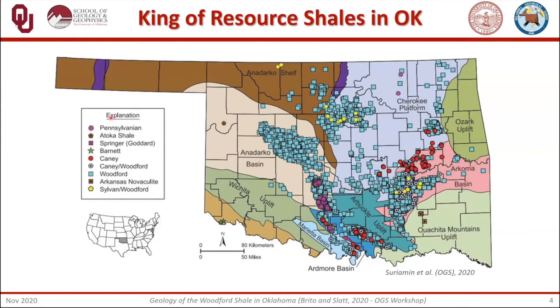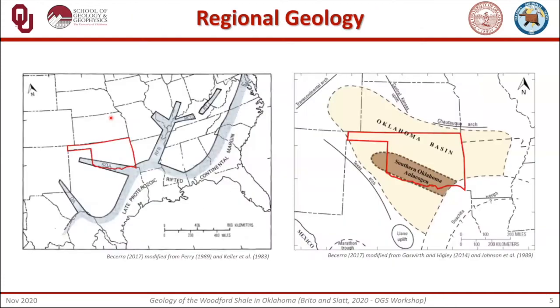In terms of regional geology, this is to get an idea of how the basin where the Woodford was deposited formed. During the late Proterozoic, a rifting margin developed at the southern part of the United States. One of these rifts normally forms a triple junction, and one of the arms tends to fail. One of these arms is called the Southern Oklahoma Aulacogen.